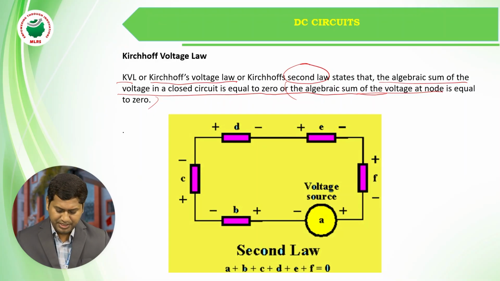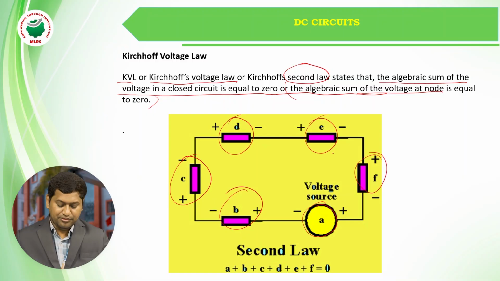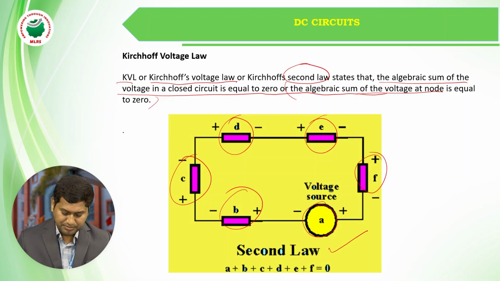So if you see here, A, B, C, D, E and F, totally we see the sources here, that is voltages A, B, C, D, E, F. The second law says that Kirchhoff voltage law gives A plus B plus C plus D plus E plus F is equal to 0.